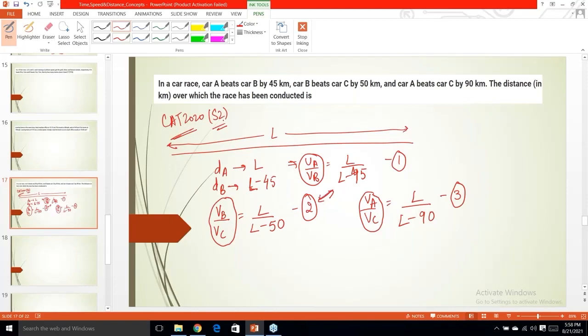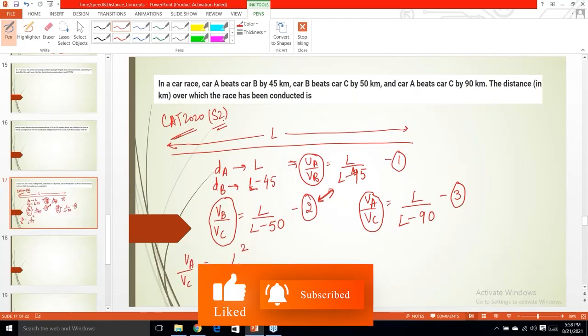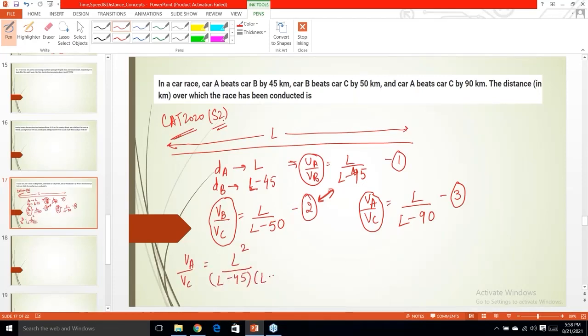Right? If you multiply these two, what do you get? You get VA by VC is nothing but L into L, which is L square, upon L minus 45 into L minus 50, right? This is what you get.